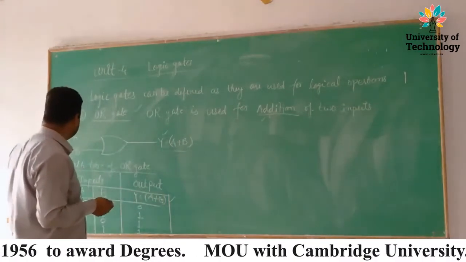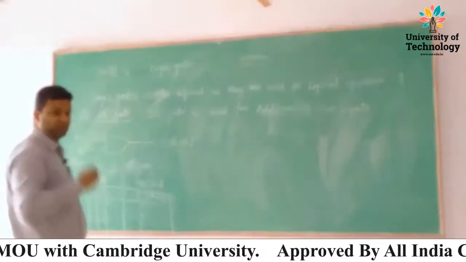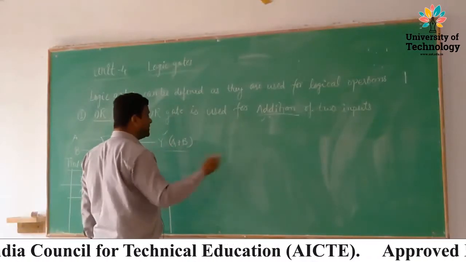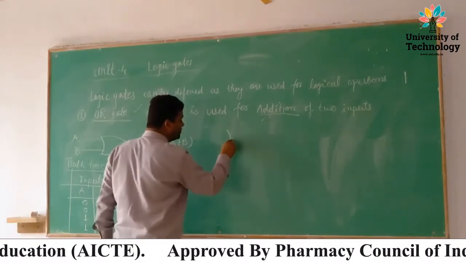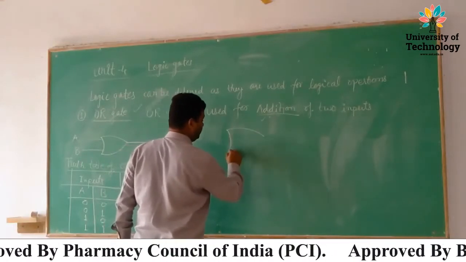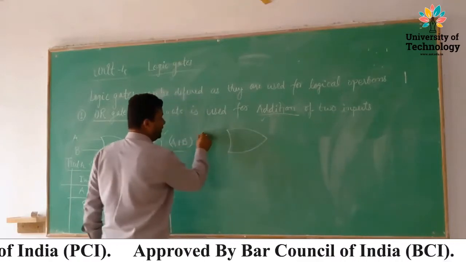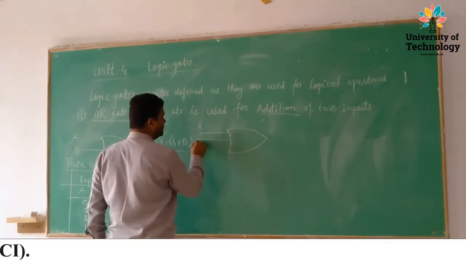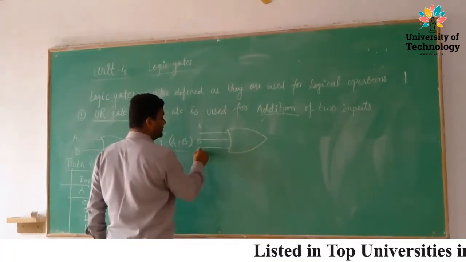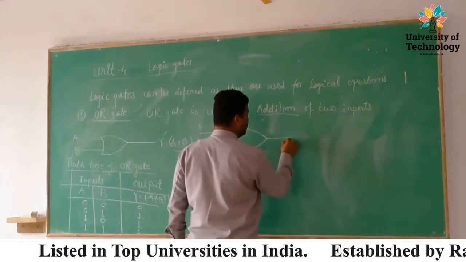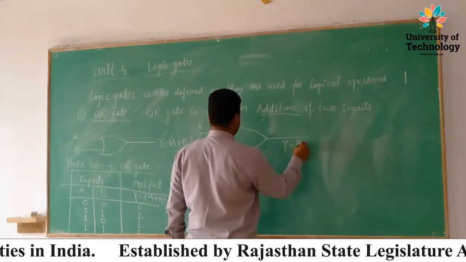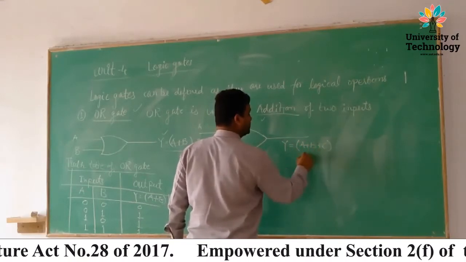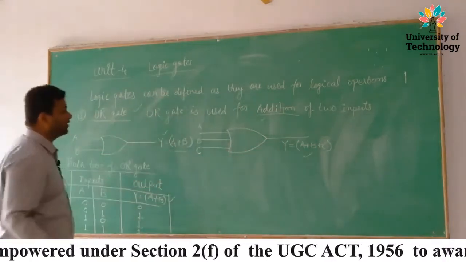Previously I was saying that here we are using two inputs. We can also use more than two inputs. Suppose we are using three inputs, then our logical symbol will be first input suppose A, second input B, third input C, then output Y will be A plus B plus C. We can go further.